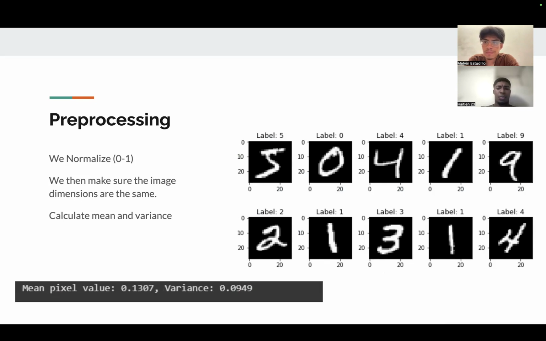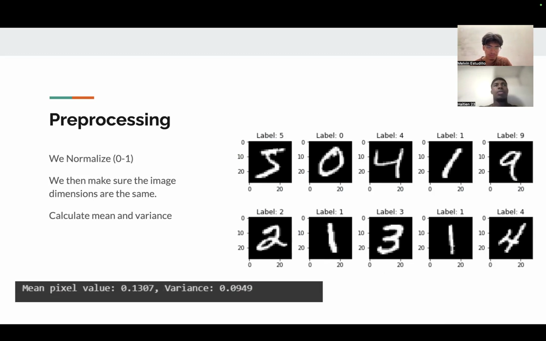Additionally, we also resize the images to make sure that the images are all the same size. Had they not been the same, it would have caused issues, particularly when training. If you have an image that's 28 by 28, and another image that's 32 by 32, the model will be confused on how to handle them.